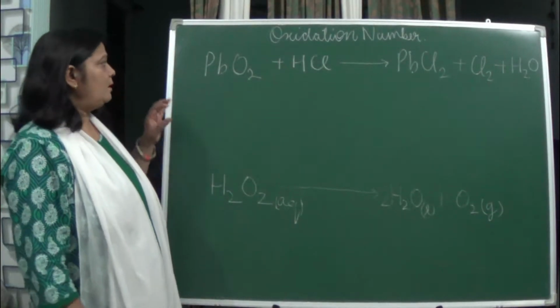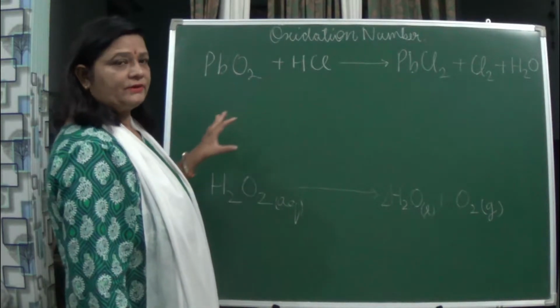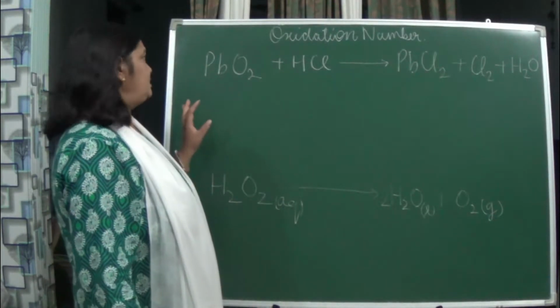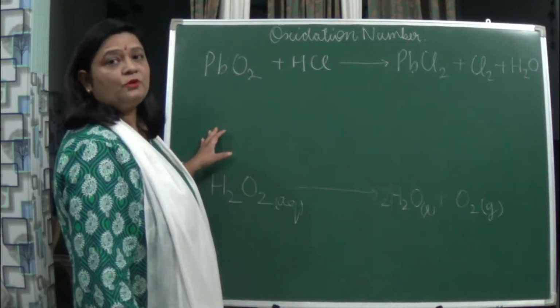Now let us take out the oxidation number of the different elements present in the reaction. The first reaction is PbO2 plus HCl gives PbCl2 plus Cl2 plus H2O.